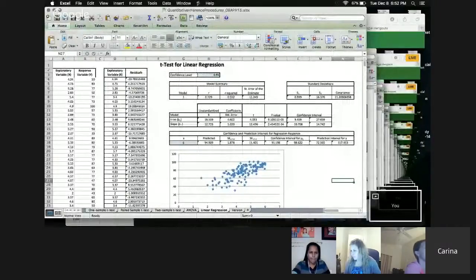No. And the explanatory is X, right? And the score data is the response. So the score data should go in the dependent, and the confidence rating should go in the independent.